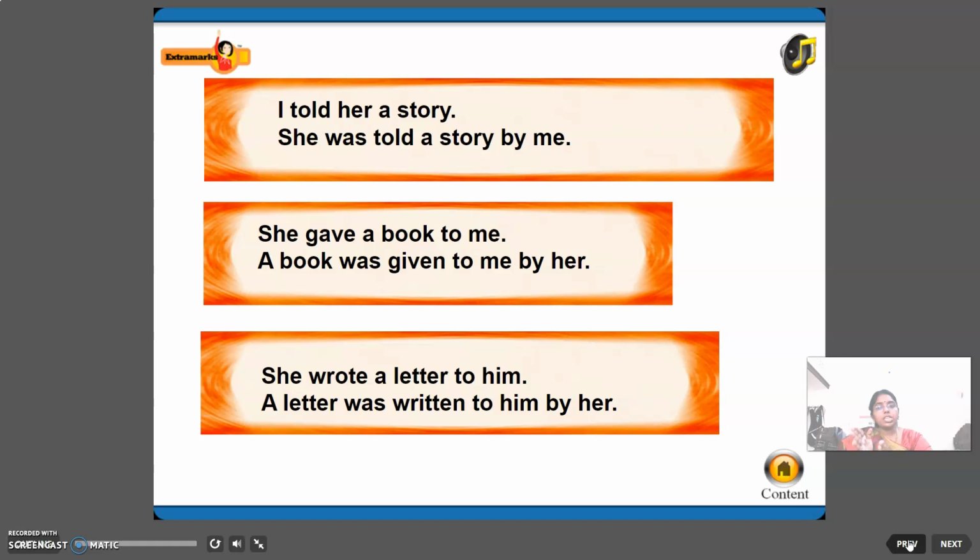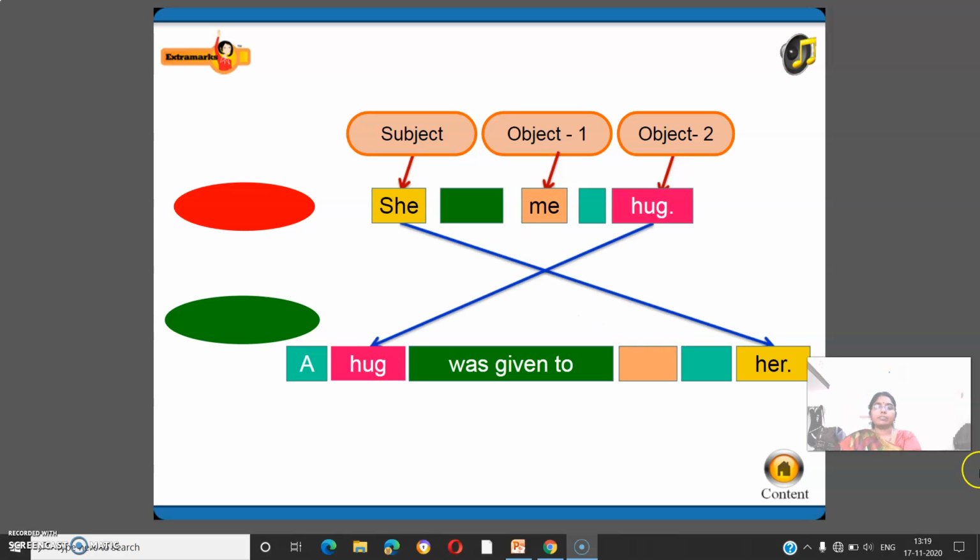Girl. So, she. Told is past tense, so was. Was told: was and V3 form, that is past participle form. Okay. So, children, here we have subject, object 1 and object 2, direct object and indirect object.